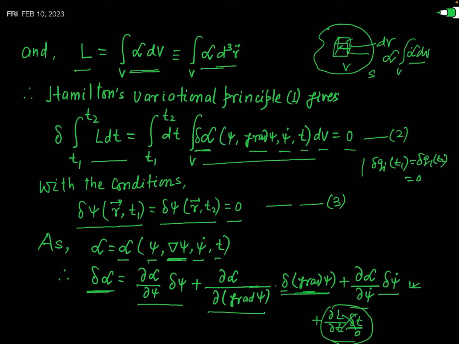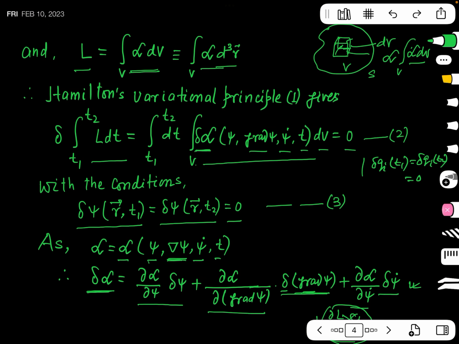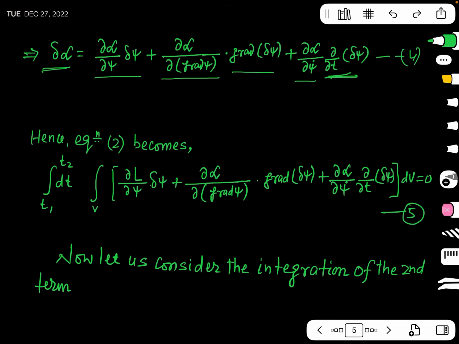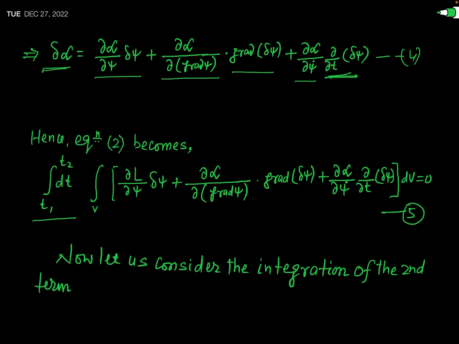This equation 2 now becomes the integral from t1 to t2 of dt, and the integral over V of del L by del psi delta psi, plus del L by del grad psi times grad delta psi, plus del L by del psi dot times del by del t of delta psi, dV, equal to 0. So this is Hamilton's variational principle.